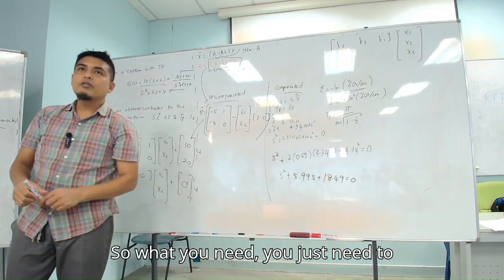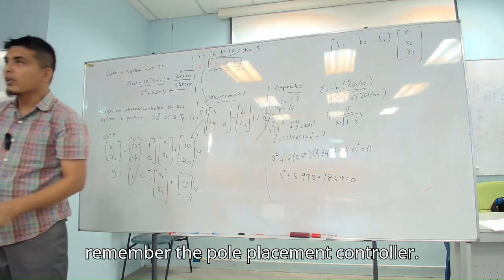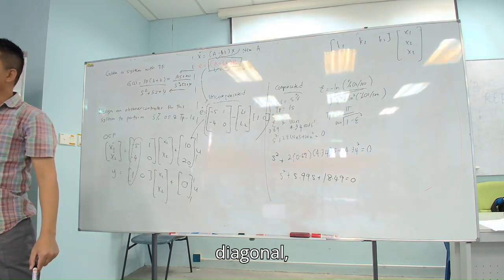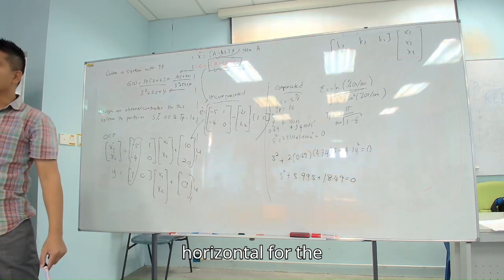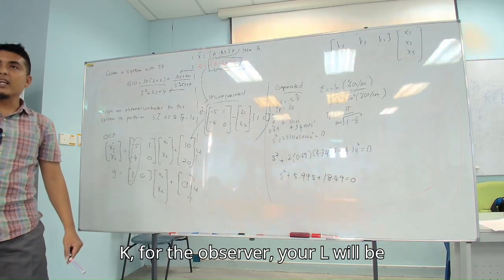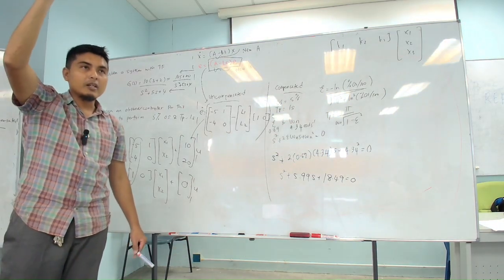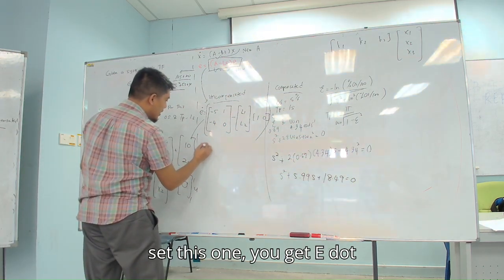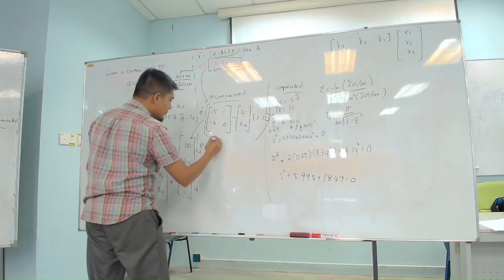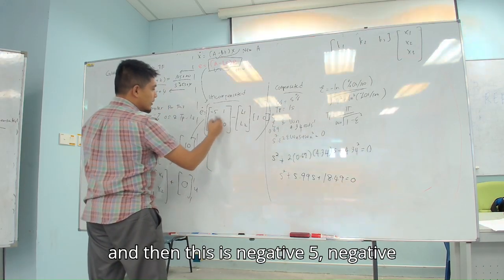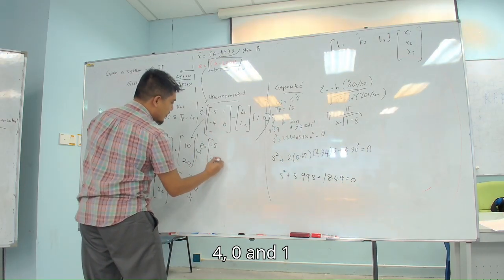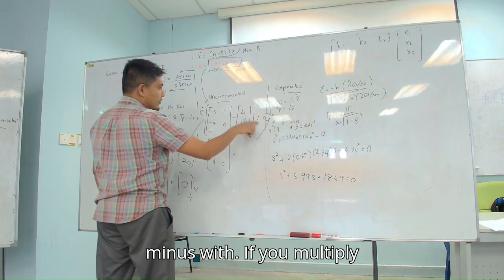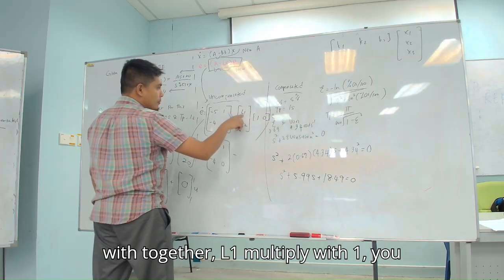So what you need to remember is the pole placement controller. The pole placement controller K is horizontal. For the observer, your L will be vertical. So if you settle this one, you get E dot equal to -5, -4, 0 and 1 minus, if you multiply together, L1 multiplied with 1.